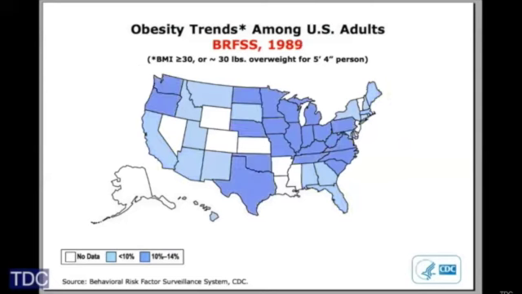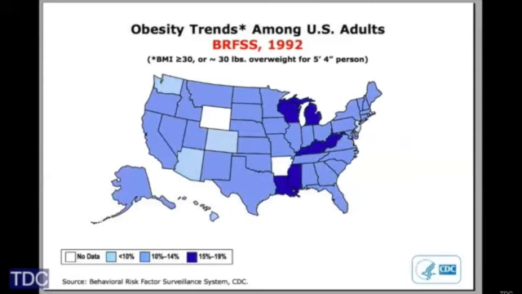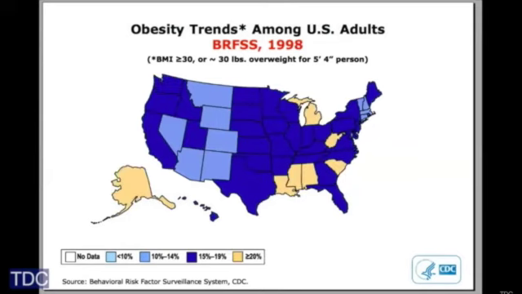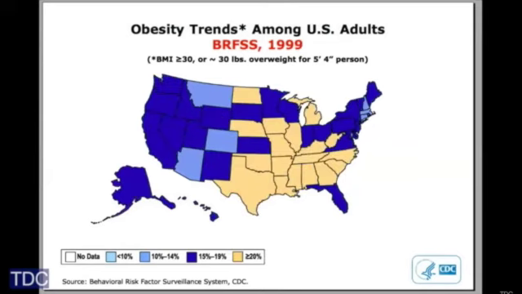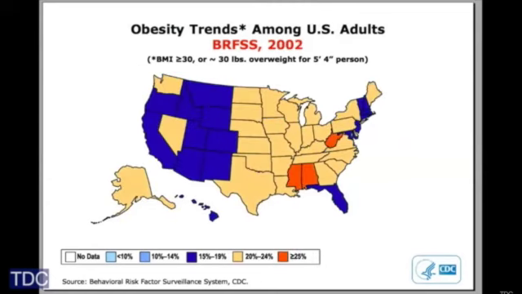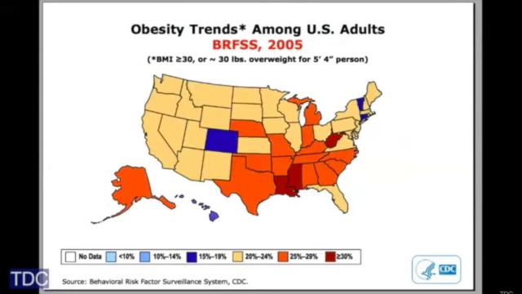Never mind the white states, but the light blue is a less than 10% obesity trend, and this is as the years go through here, and you can see that as time goes on, the obesity is trending upward, and then each year there's more and more prevalence, and then they have to make new categories because it's just so prevalent.